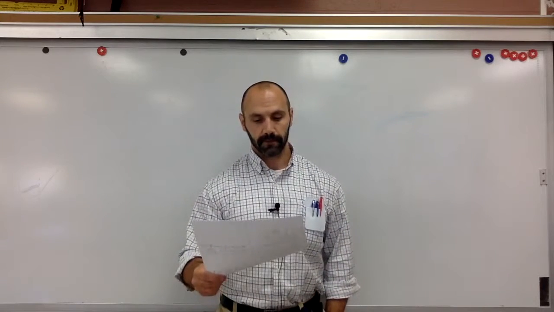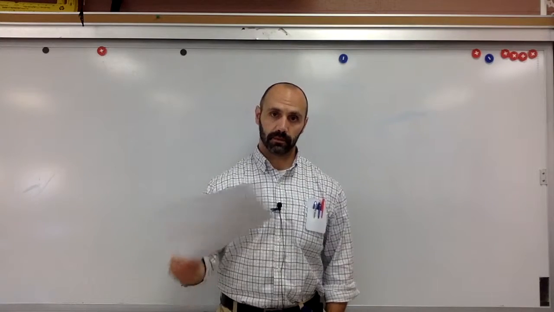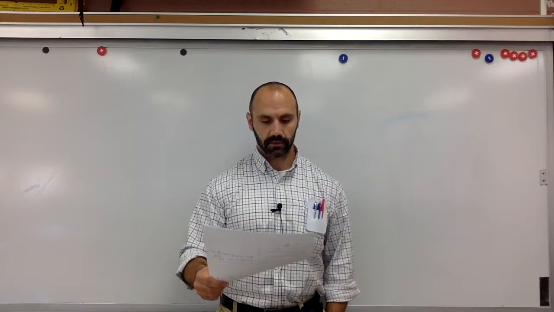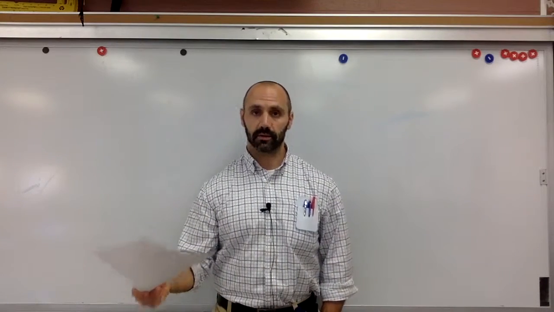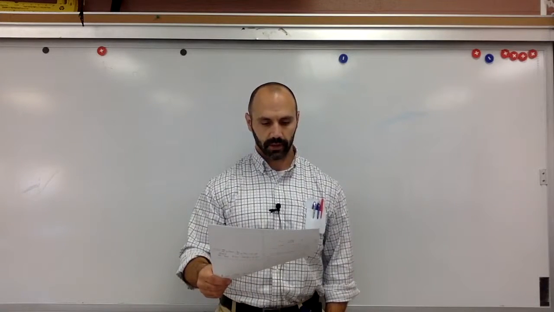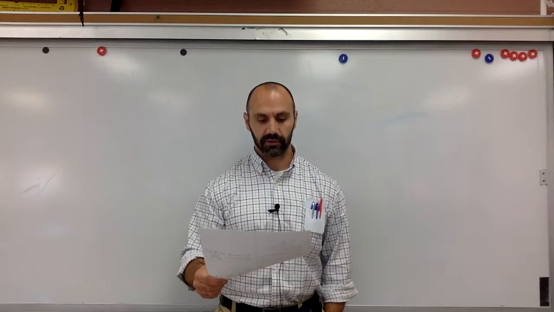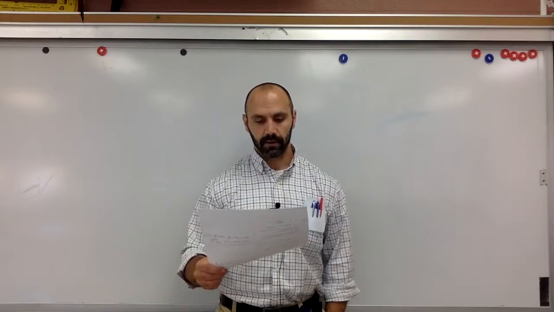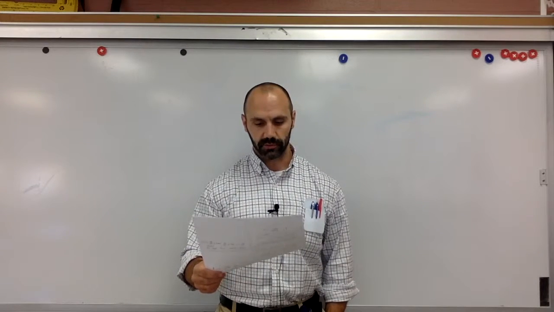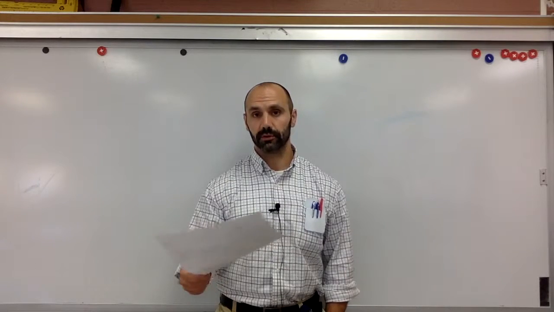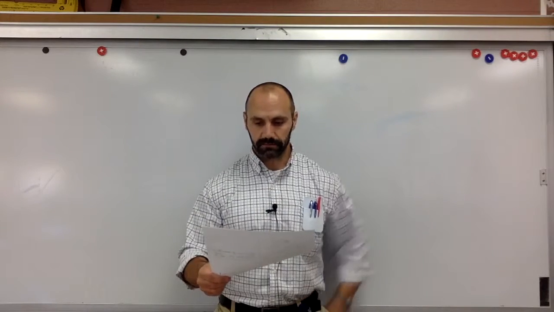VREL is the velocity of the rocket with respect to the exhaust products, and by the same token, the velocity of the exhaust products with respect to the rocket. U is the velocity of the exhaust products with respect to the reference frame, which is Earth. R is the rate at which fuel is consumed, and R is negative dm dt, right? Because it's losing mass over time.